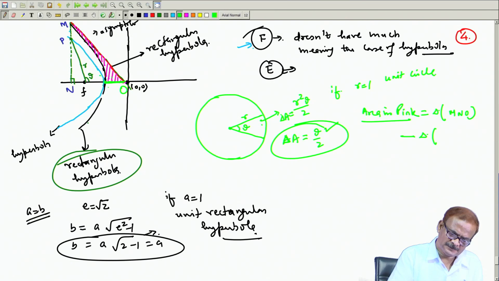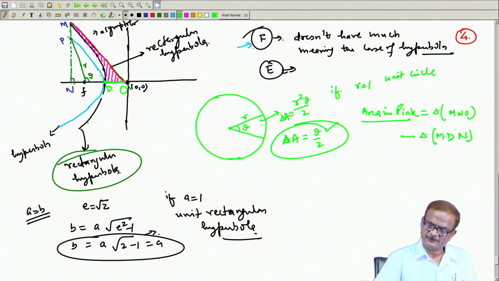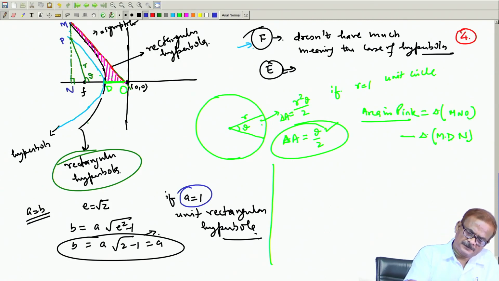So, let us write it as D. So, M D and N. This is referring to the rectangular hyperbola. We are trying to find the area for this rectangular hyperbola, and if it is a unit hyperbola, meaning a equal to 1, the things get more simplified. So, the coordinate of this point here is x y.